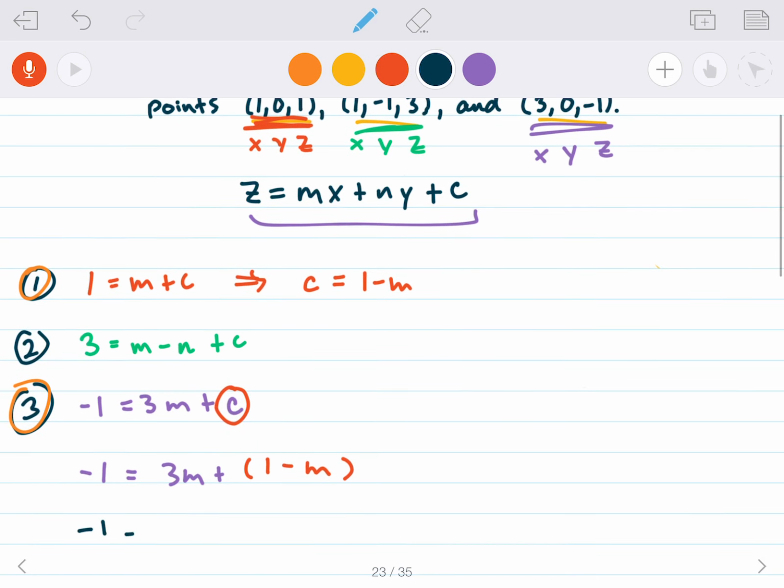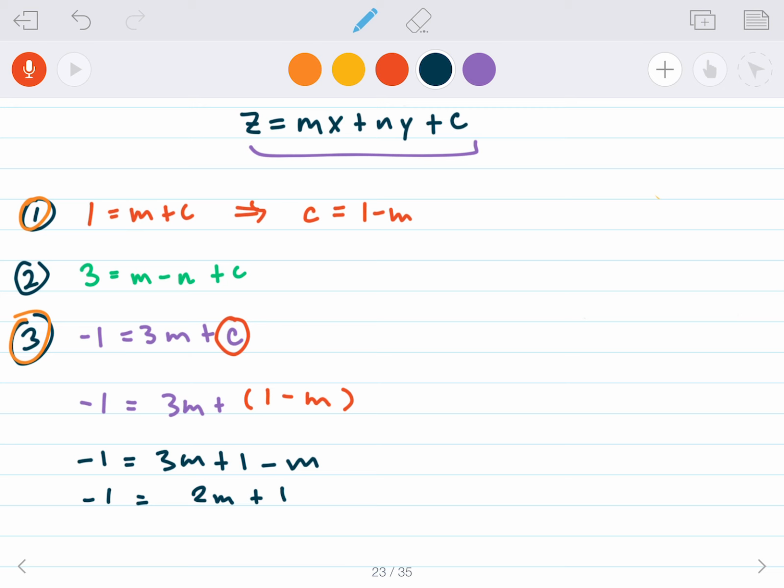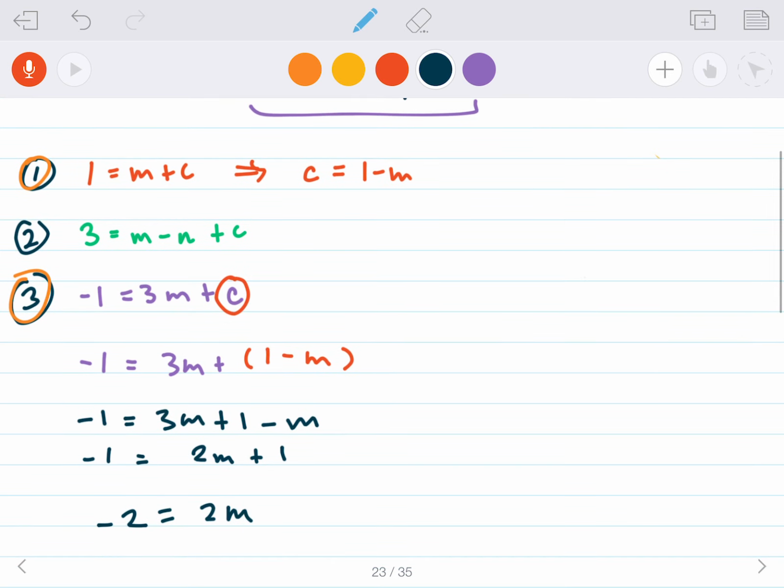I get negative 1 equals 2m plus 1. Subtract 1 on both sides to get negative 2 equals 2m, and divide both sides by 2 to get m equals negative 1. Perfect. So the slope in the x direction is negative 1.